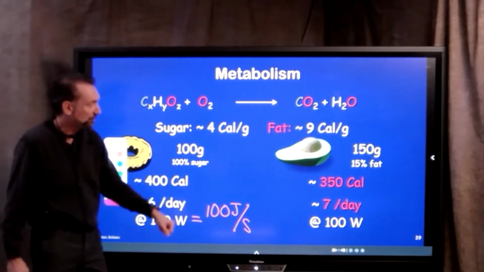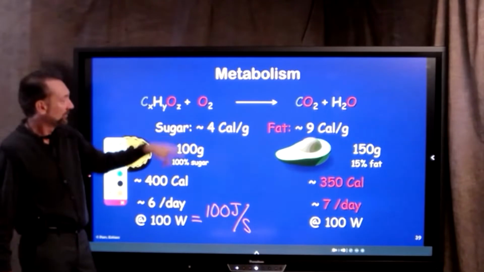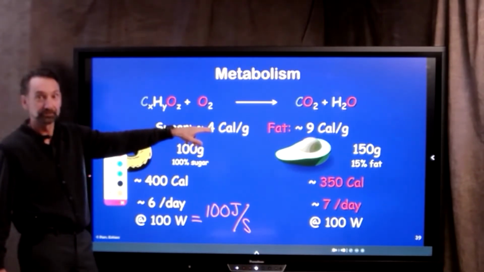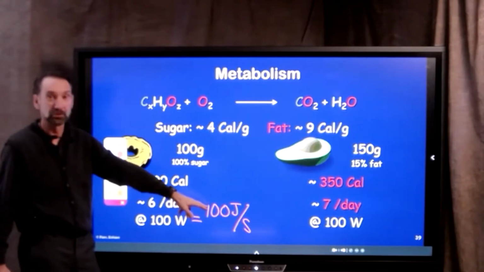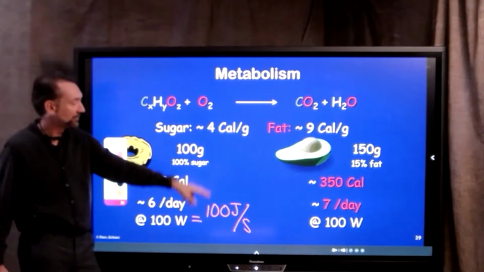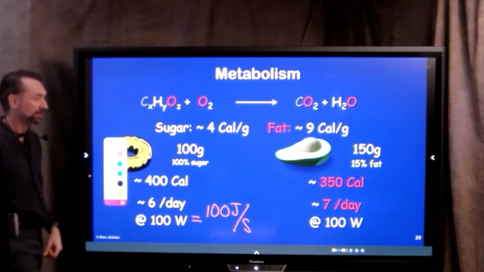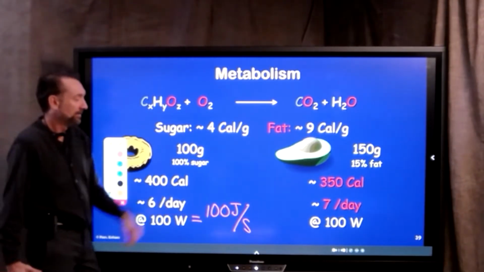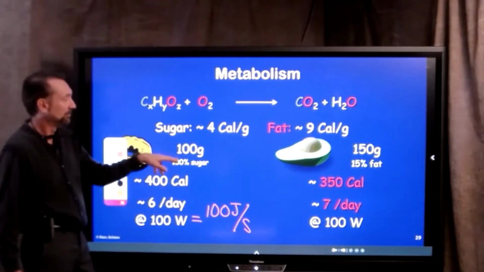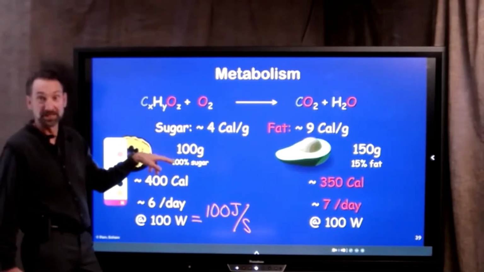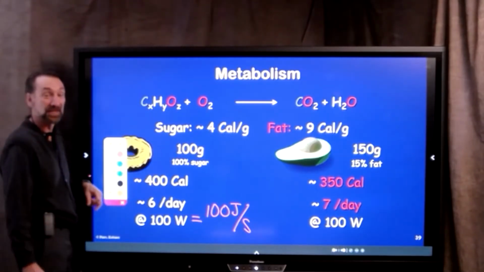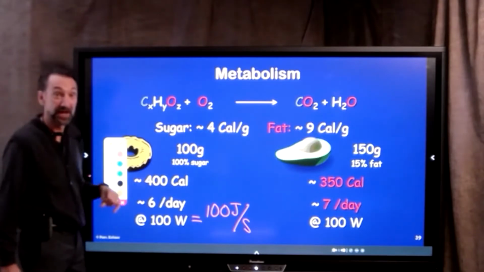So at 100 joules per second, and you're bringing in from a gram of sugar 4,000 joules, it's going to take you how long to burn up those 4,000 joules at 100 joules per second? So it takes 40 seconds, but you take in a lot more sugar when you eat a donut. Take in 100 grams. So 100 times 40 seconds, 40,000 seconds.